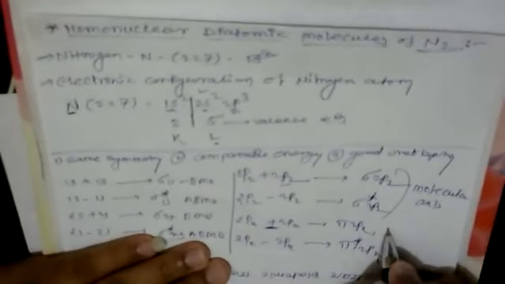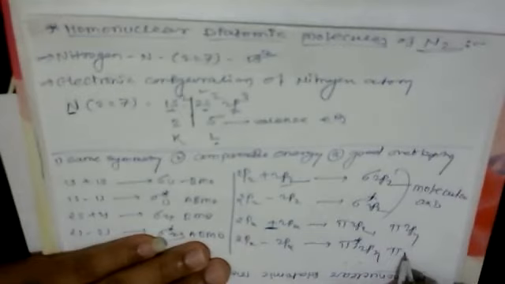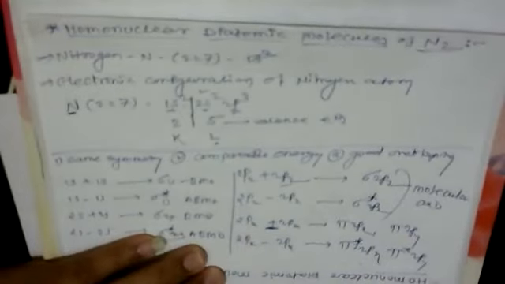Taking py, it forms pi 2py, and negative overlap gives pi star 2py. This is atomic orbital overlap to form molecular orbitals. We can take atomic orbitals and molecular orbitals to construct the molecular orbital energy level diagram of N2.